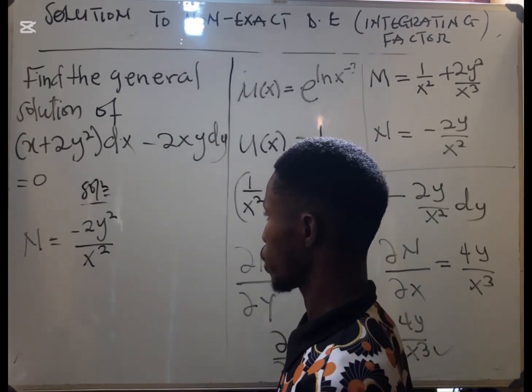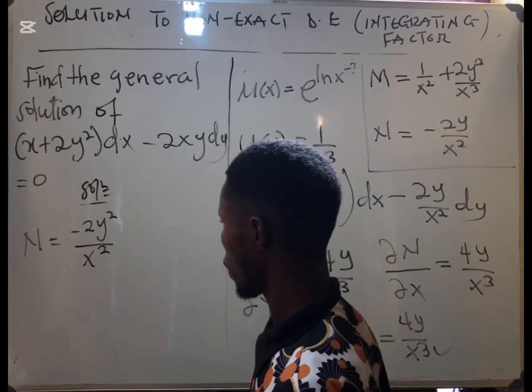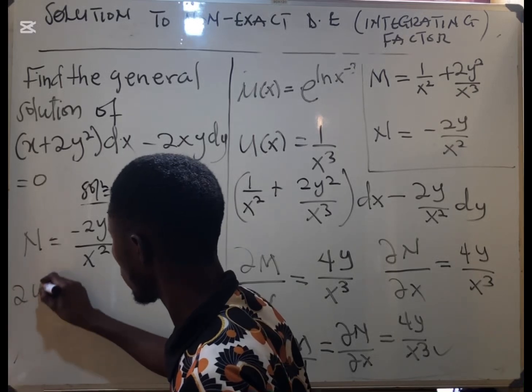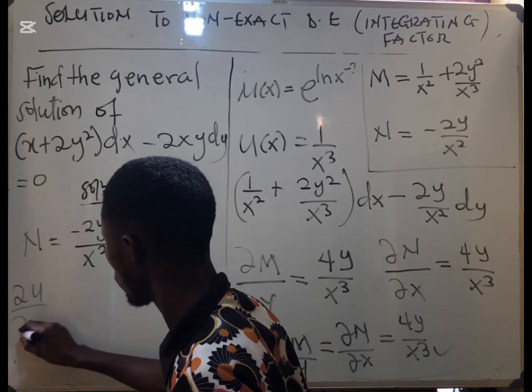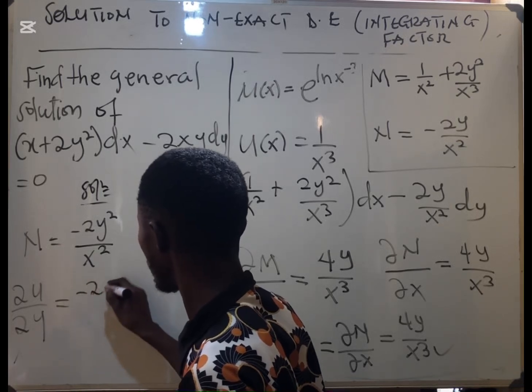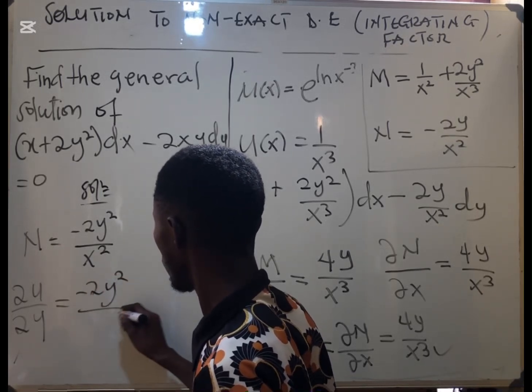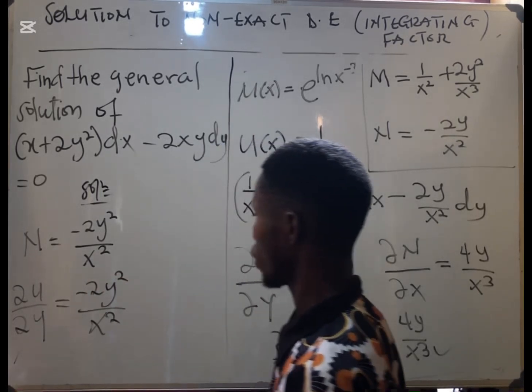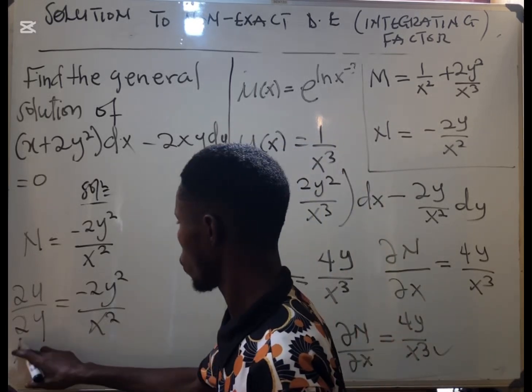But we know that N is also given as ∂u/∂y, which is equal to negative 2y squared over x squared.